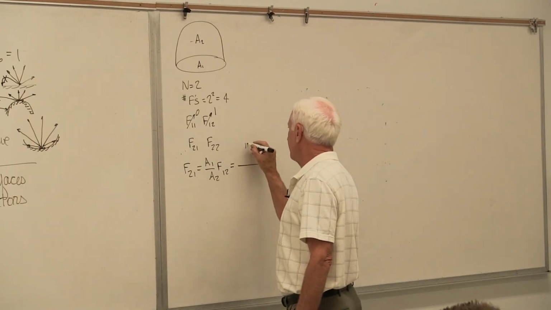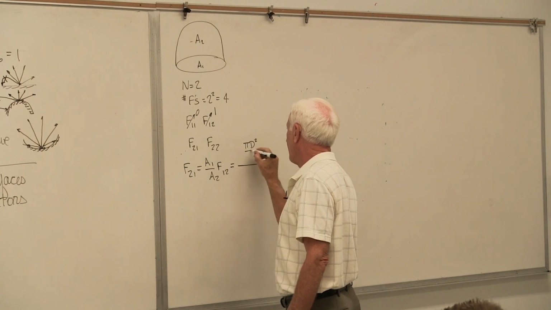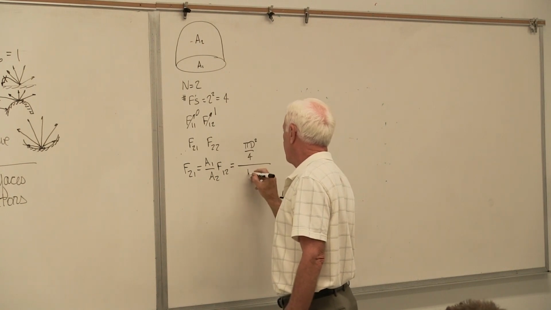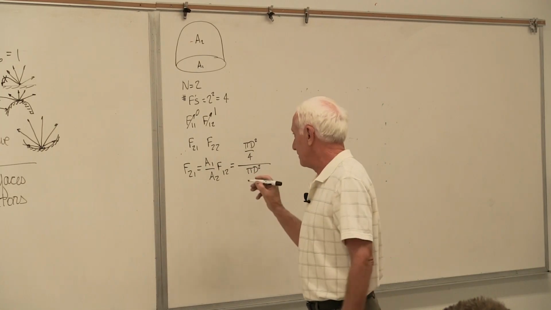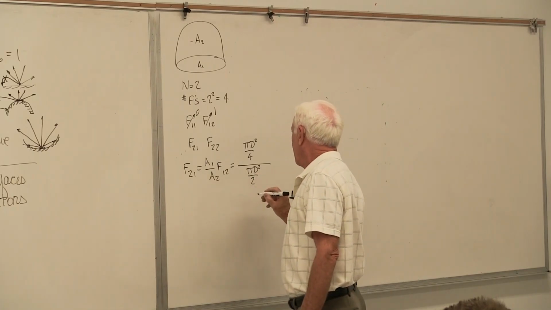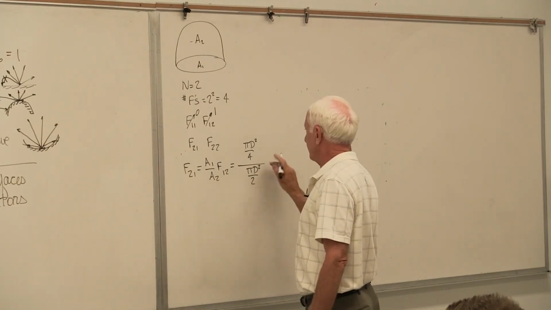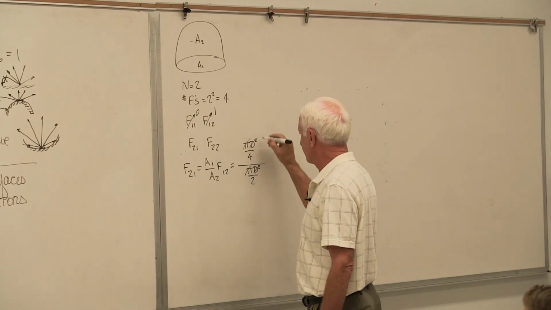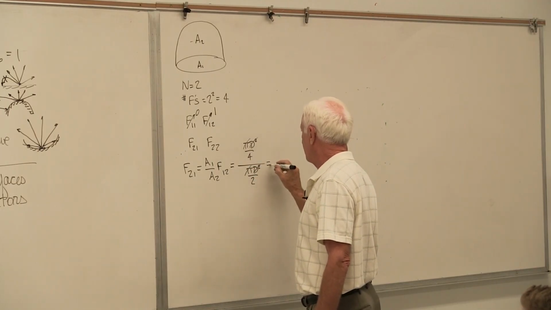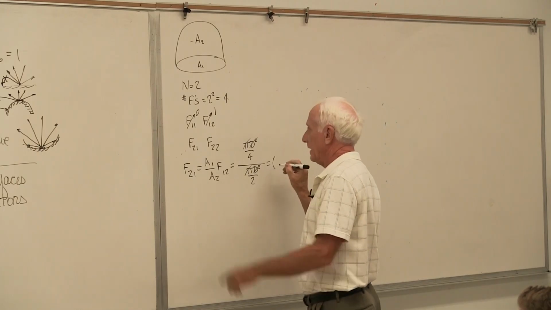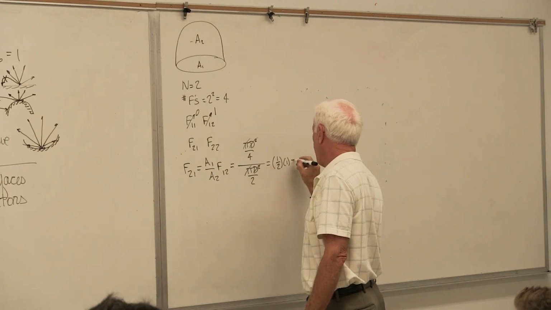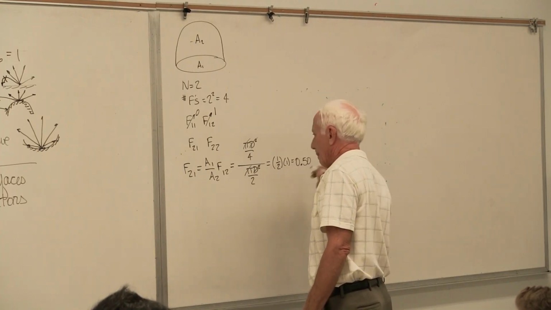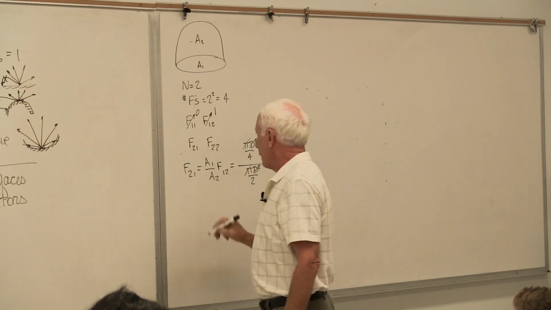A1 is pi d squared divided by 4. The hemisphere is pi d squared divided by 2, since it's divided by 2 for half a sphere. So this cancels, cancels, and we have 2 divided by 4, 1 half, times F12 of 1. Got it.